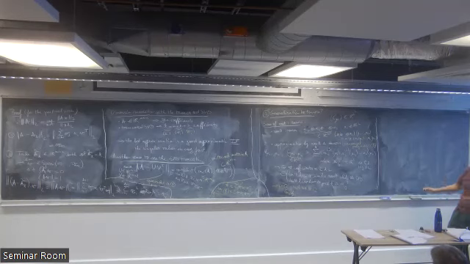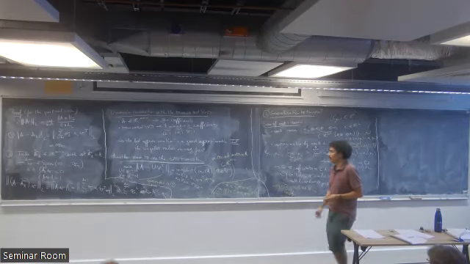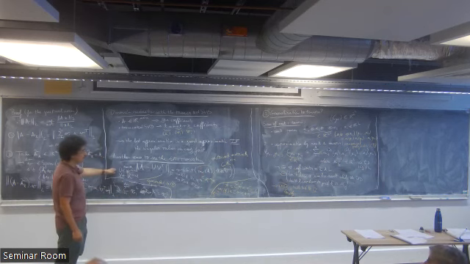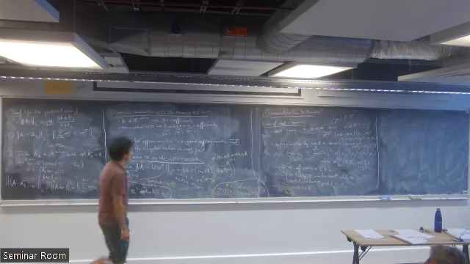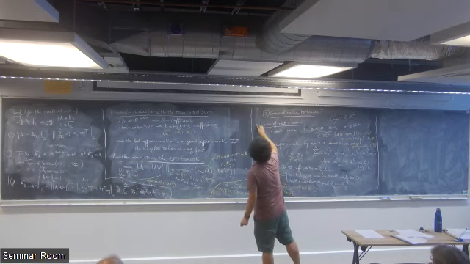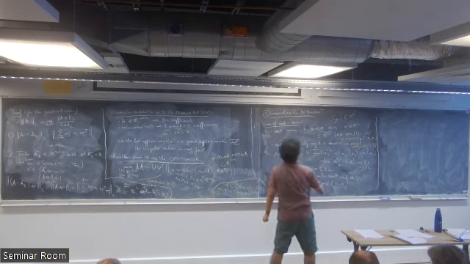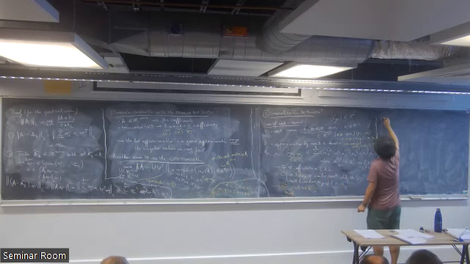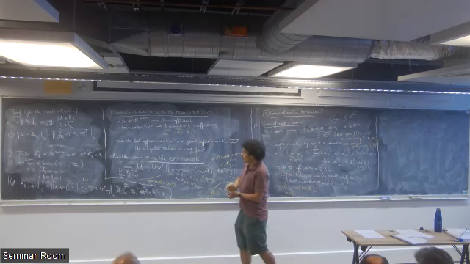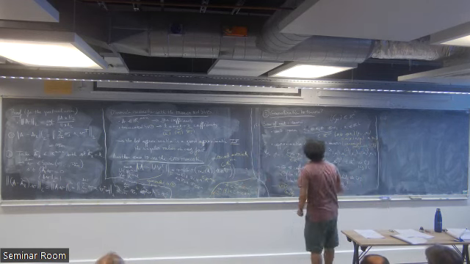So maybe let's speak about the second viewpoint. This was the first point of view. The second point of view is this subspace approximation.